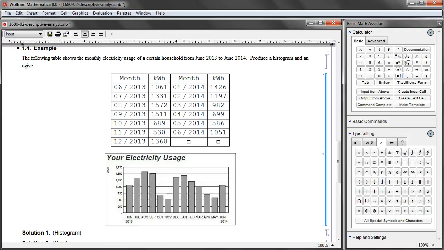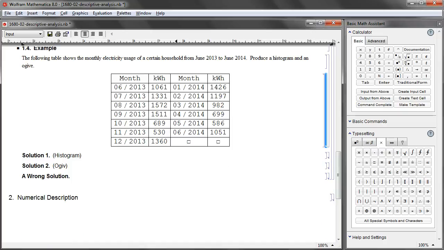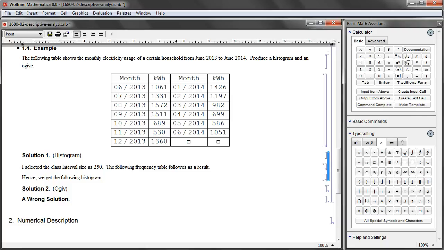How about between 1000 and 1250? There are 2 months, June 2013 and February 2014. Oh, 3, excuse me, June 2014 as well. There are 3 of them. And so on. You can actually count those. Of course, you can count everything from this table as well. Anyway, here it is.